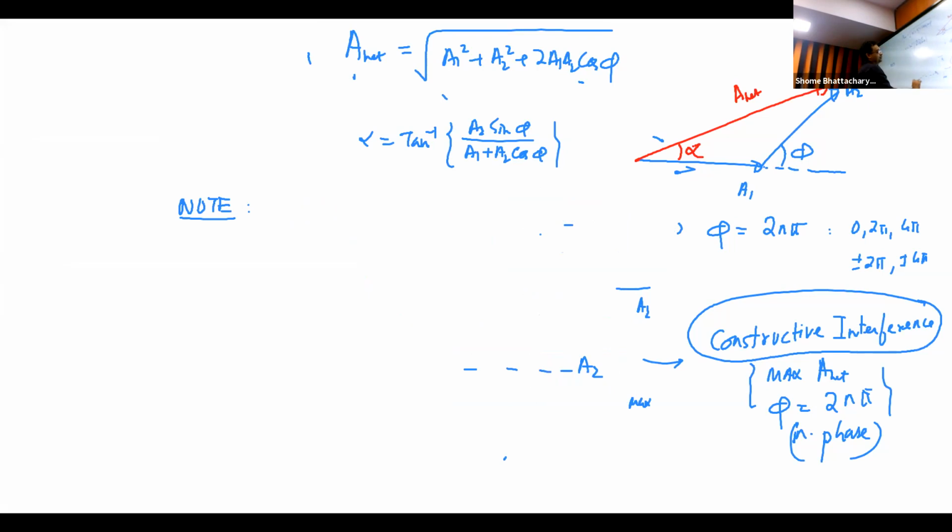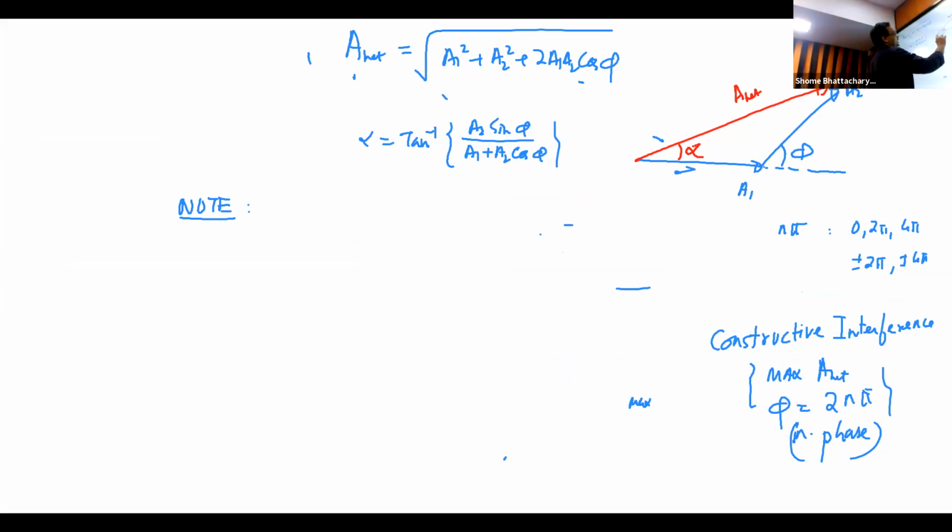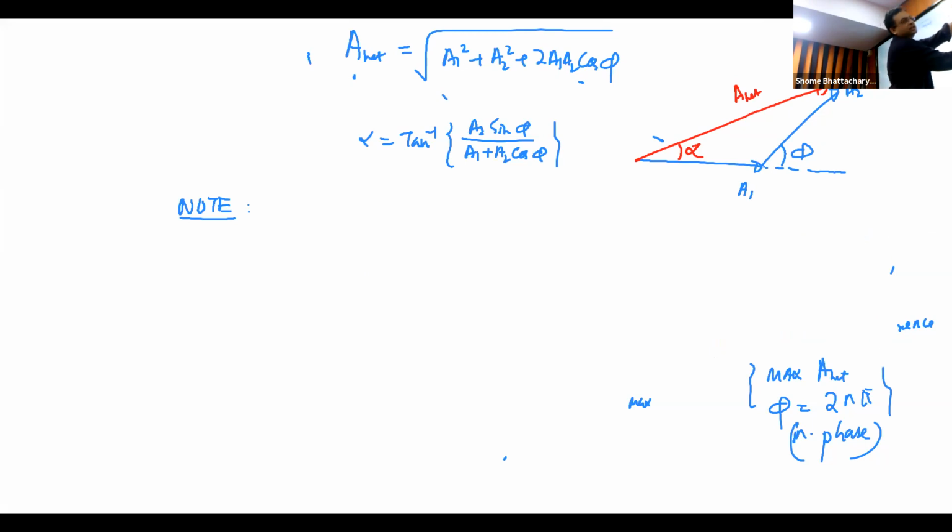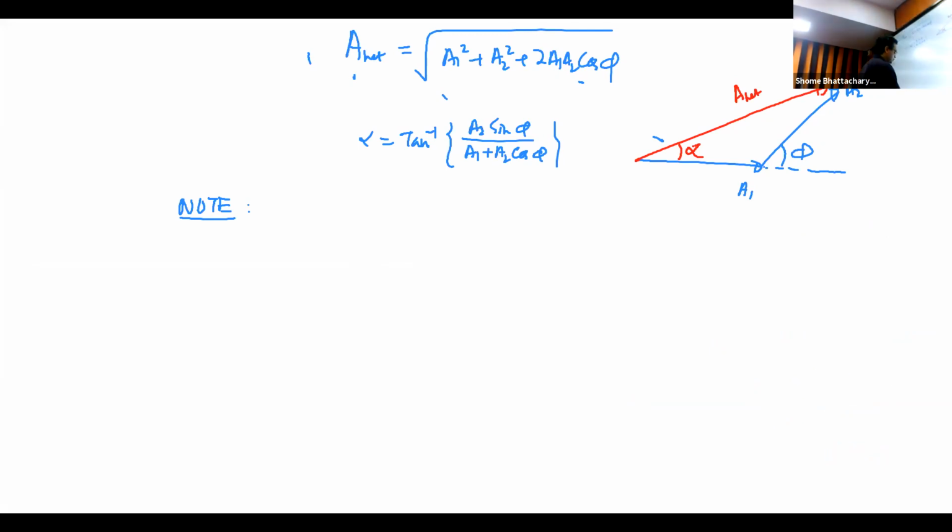Achha, now in constructive interference, you can also visualize the phasor diagram. How will the phasor diagram look? If your phi is 2n pi, then basically your A2 is on the same line as A1. So your phasor triangle has collapsed into a straight line, with A1 and A2 in the same direction.